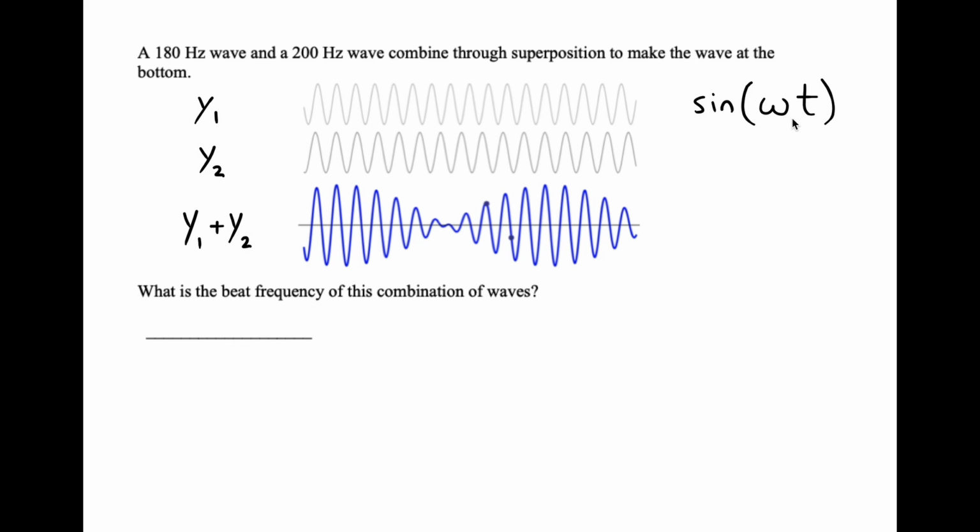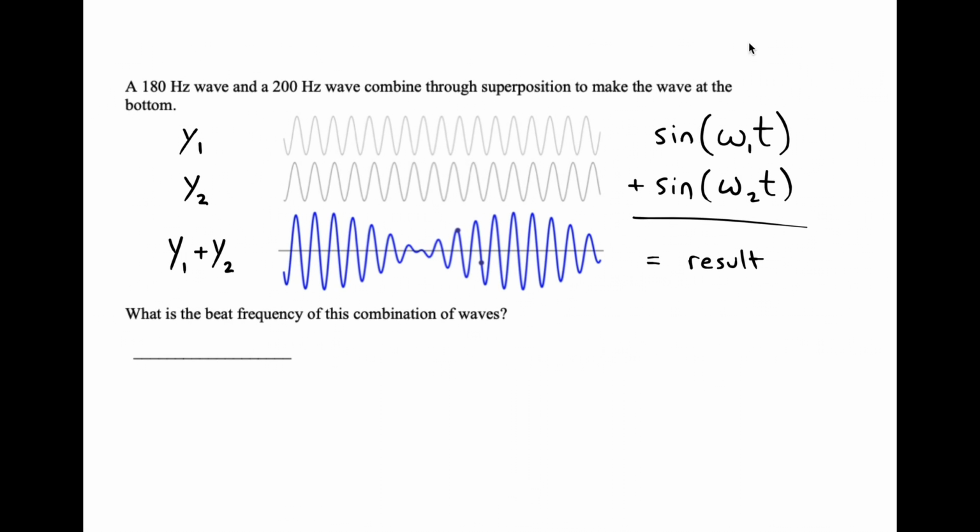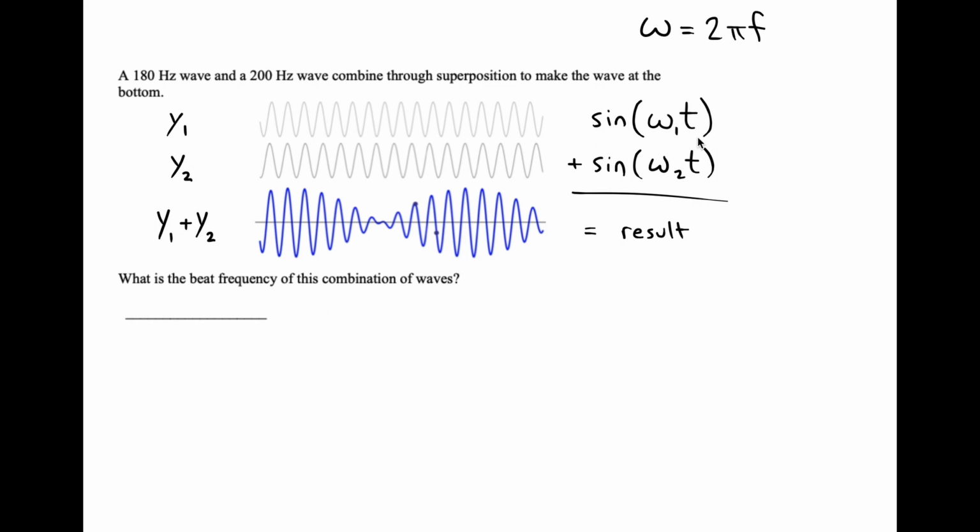I'm going to make a formula for the top wave, and also for the bottom wave, and I'll show how when we add the two together, we get this result below. Now there's a formula for omega, the angular frequency. It can be 2 pi times f, which is the frequency of the wave. So I'm going to apply that here to the top wave.